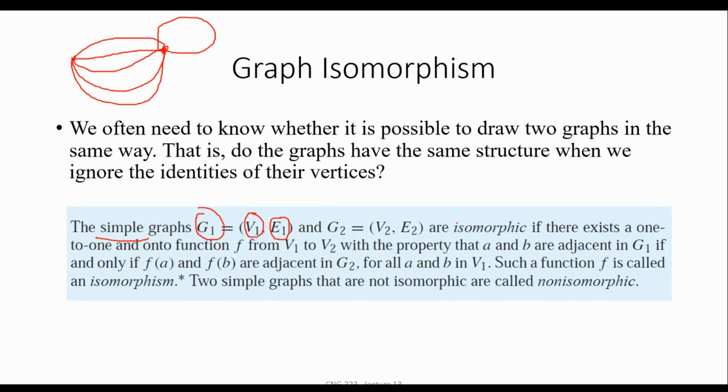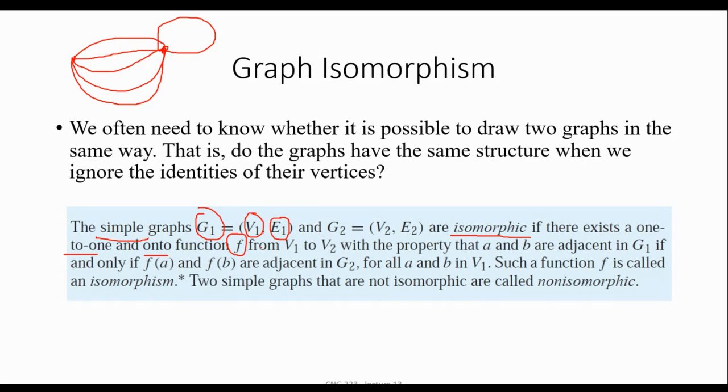So G1 and G2, both of them simple graphs, are isomorphic if there exists a one-to-one and onto function. So we are talking about a function which has two properties. It should be onto and one-to-one. We talked about it before when we talked about functions. It means that you can find the inverse of a function if it is one-to-one and onto. And this one actually has this property.